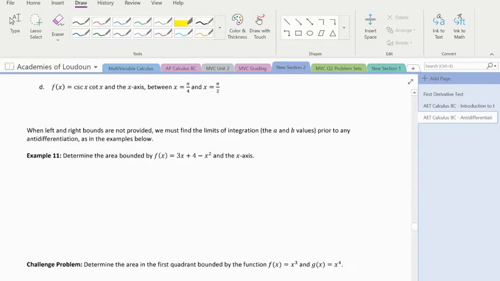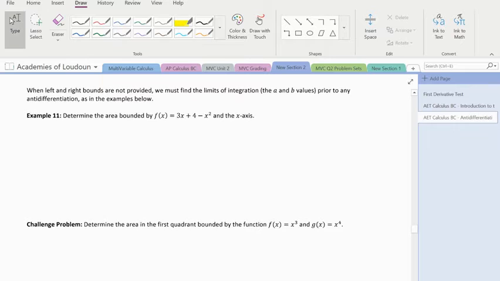And let's go ahead and move on to example 11. When the left and right bounds are not provided, we must find the limits of integration prior to any antidifferentiation, as shown. So we're looking for the area bound by f of x is equal to 3x plus 4 minus x squared and the x-axis. So we're going to start with f of x is equal to negative x squared plus 3x plus 4 is equal to 0.